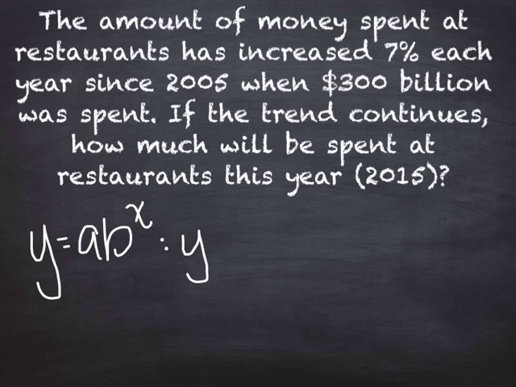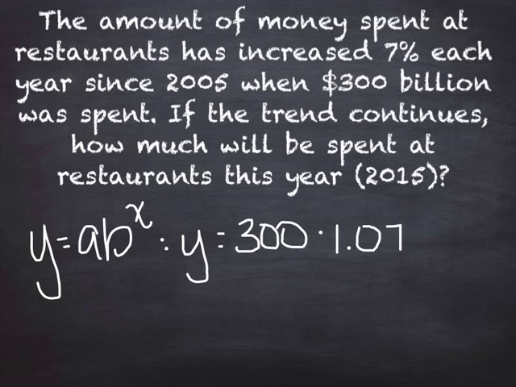So y equals initial amount is 300 billion. Our growth factor is 7%. So now we have 7 more percent than normal. Notice here, I didn't just say 7%, I said 107% because we are increasing each time.